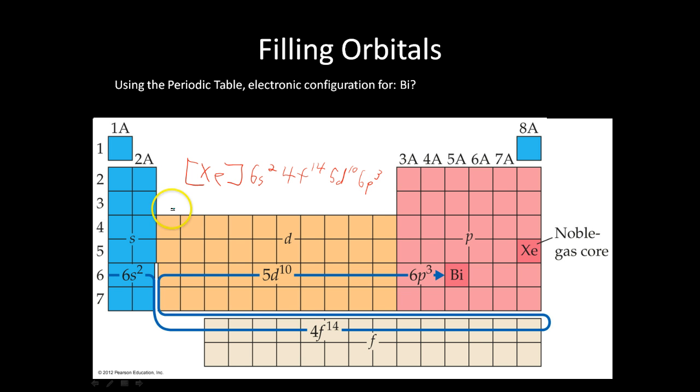So what you'll notice is that once you start adding f rows, once you start getting down into row 6, that's what that little thing on the periodic table indicates. The principal quantum number for your f orbitals is always 2 fewer than the principal quantum number for s and p. And the principal quantum number for the d orbital is always 1 fewer than the principal quantum number for s and p.